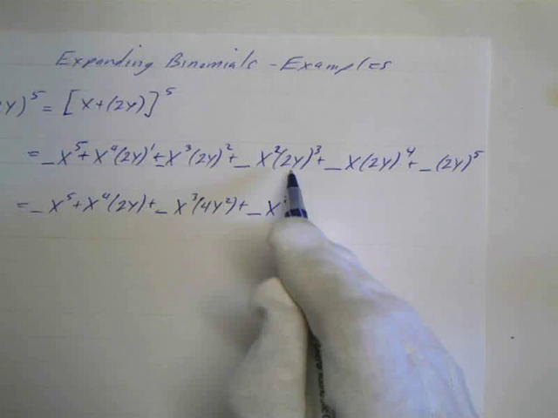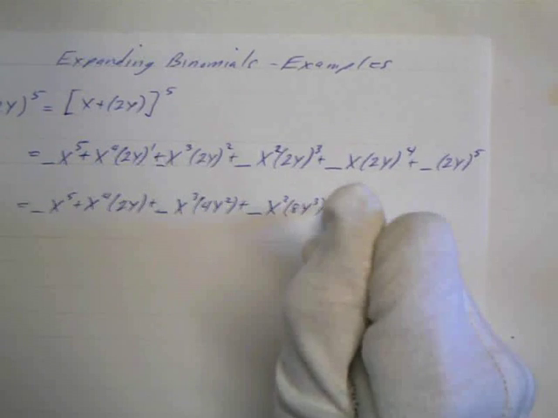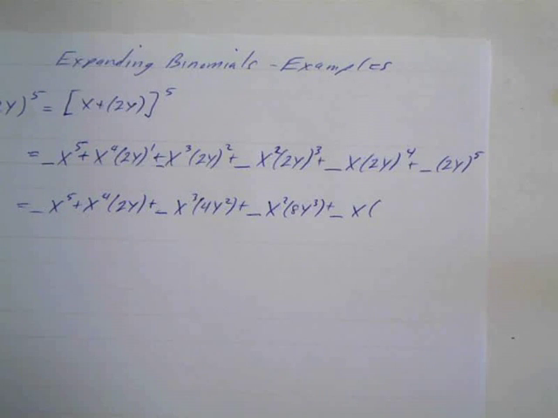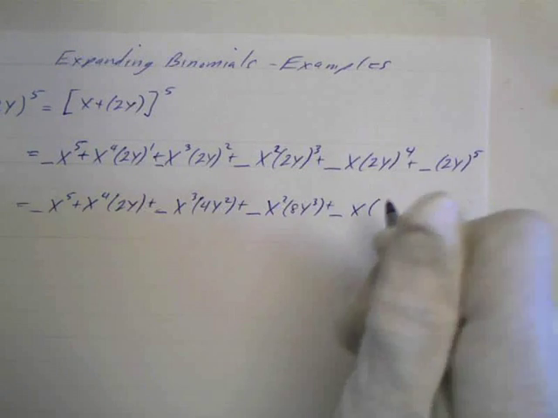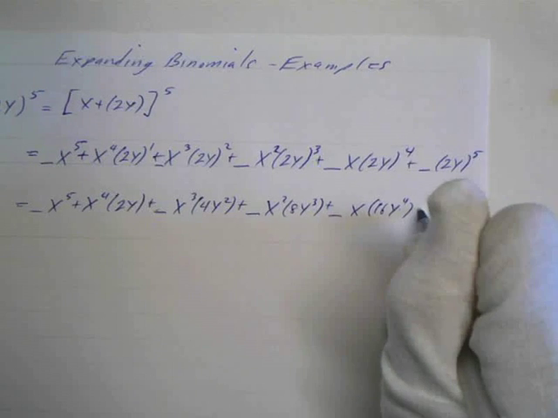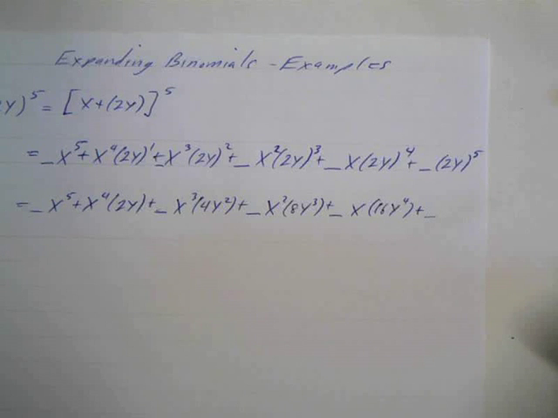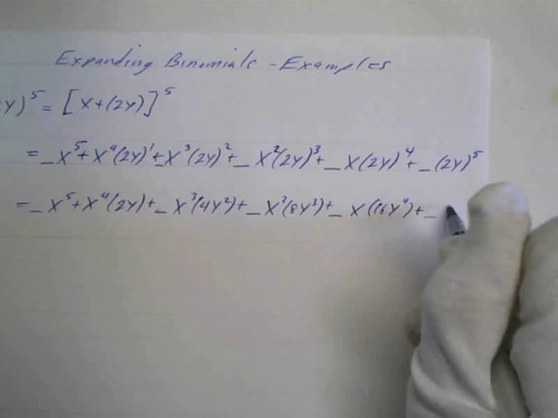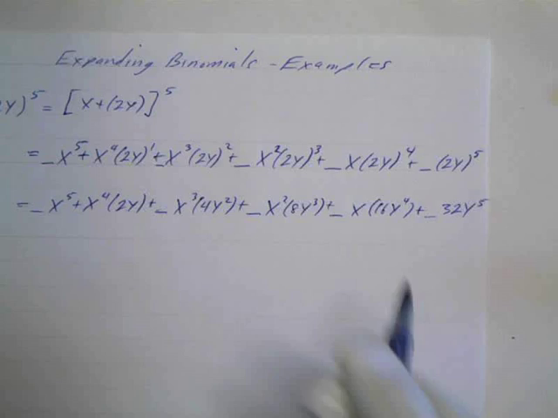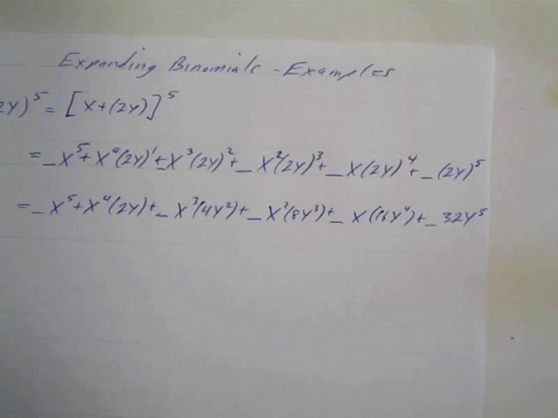Well, 2y times 2y times 2y is 8y cubed. And then what's 2y to the fourth? 2 times 2 is 4, times 2 is 8, times 2 is 16, so that's going to be 16 y to the fourth. And then what's 2y to the fifth? Well, 2 times 2 is 4, times 2 is 8, times 2 is 16, times 2 is 32, so that's going to be 32 y to the fifth. So notice now that these exponents are affecting these numbers in front of the y, the 2's. So that's changing a lot of things here.